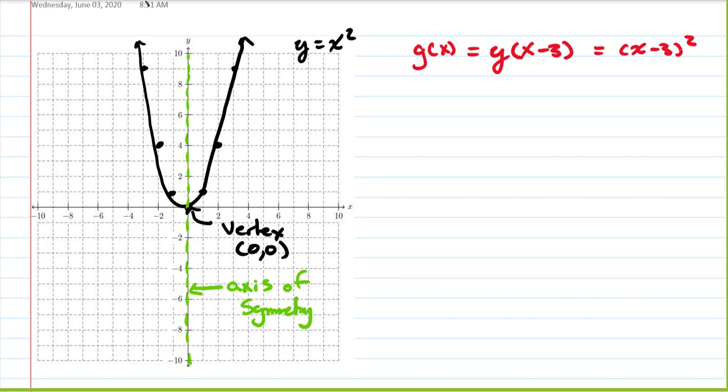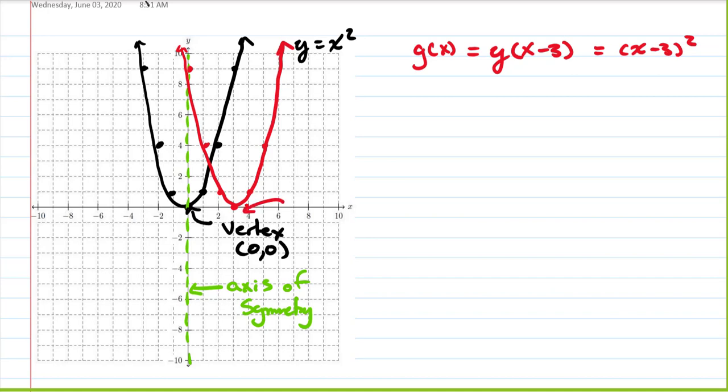Well, thinking back to what we did in chapter 2, that would take our graph and shift the entire thing 3 units to the right. So we imagine we take this picture, and it's going to take our vertex and move it 3 units to the right. And everything else for that matter. So we get something, and it would look like this.